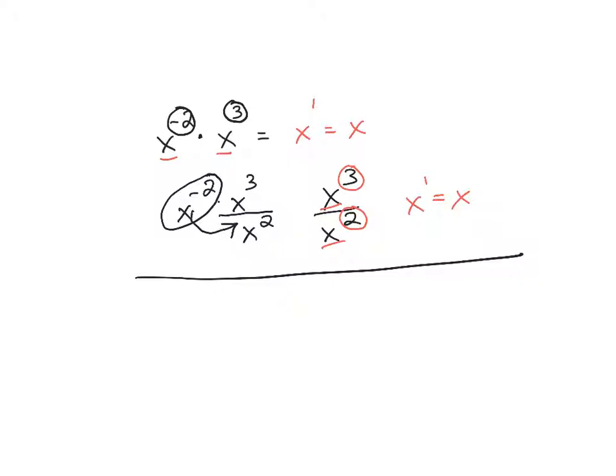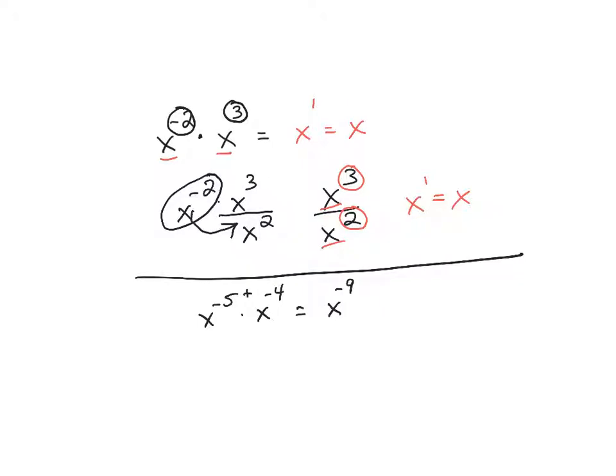Let's take a look at another one. If I have x to the negative fifth power times x to the negative fourth power. Once again, there's two different ways you can do it, but one of the ways is to use the law of exponents, where I'm just going to add these exponents. Negative 5 plus negative 4 gives me a negative 9.